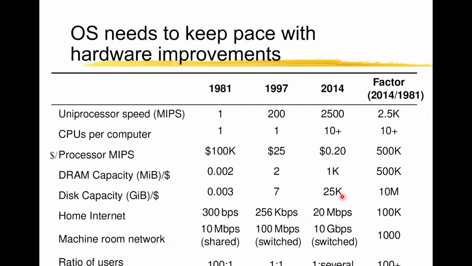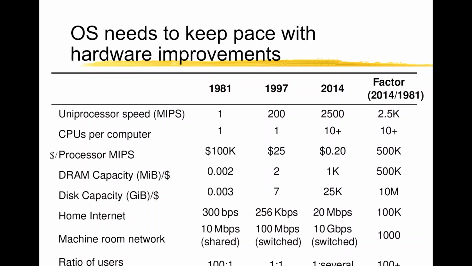Our home internet speeds have increased so much over the years, from around 300 bits per second to now flying in gigabytes per second after 2025. Then we have the ratio of users to computers, which has changed so much. Now we are using one user to several computers.